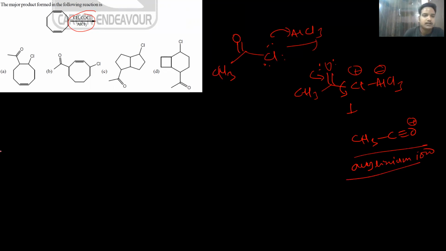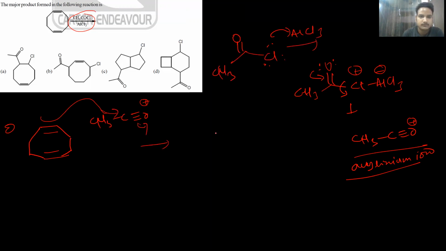Okay. Now we start our mechanism from here. We have cyclooctadiene, and this is CH3 C triple bond O positive. So this is a kind of electrophilic addition reaction.